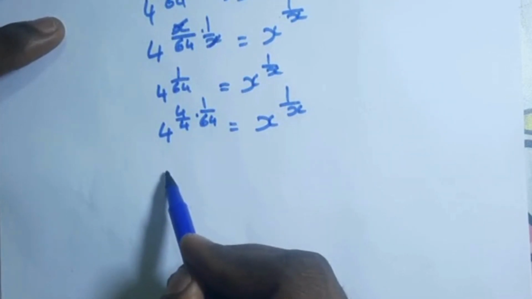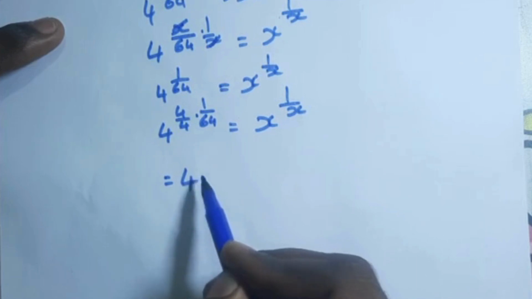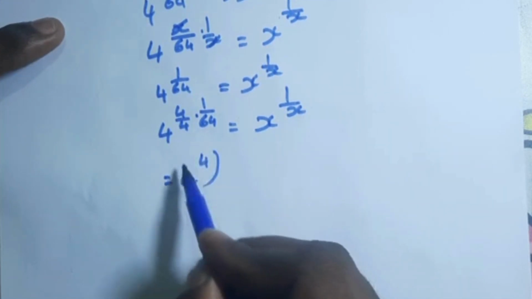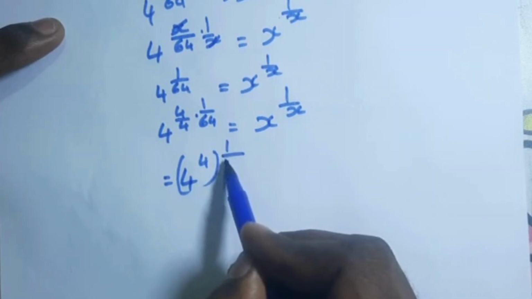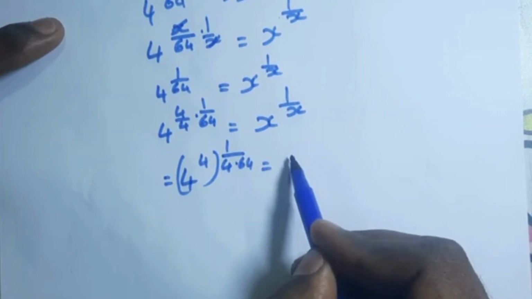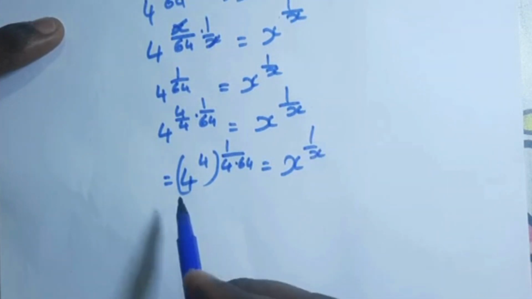Now this can be written as 4 to the power of 4, 1 by 4 into 64 equal to x to the power of 1 by x.